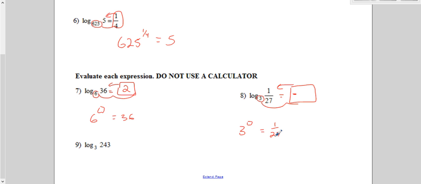And now all I have to think about is how many times do I need to multiply 3 times itself to get 27? Well, 3 times 3 is 9, and 9 times 3 is 27. So if I look at the number of 3's, I used up 3 3's to get 27. So my answer up here has to be negative 3.